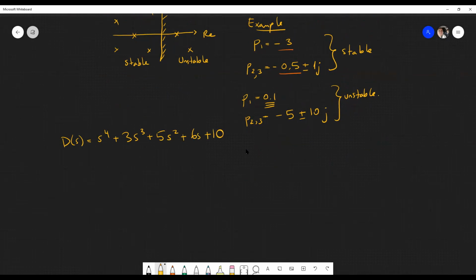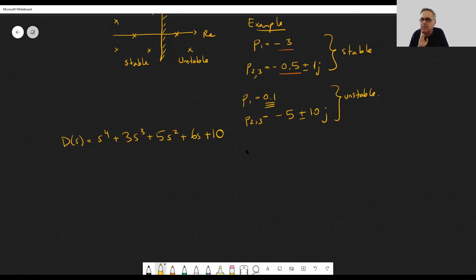Hocam, in the example for the unstable part, why is the -5 plus minus 10j in the unstable part? Isn't the real part negative over there? For P23. I didn't get the question, I'm sorry. In the example that you just wrote for P1 and P23, the stable and the unstable part.